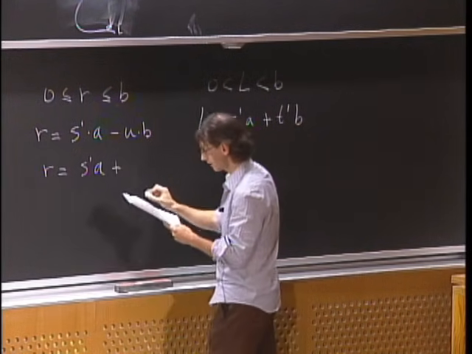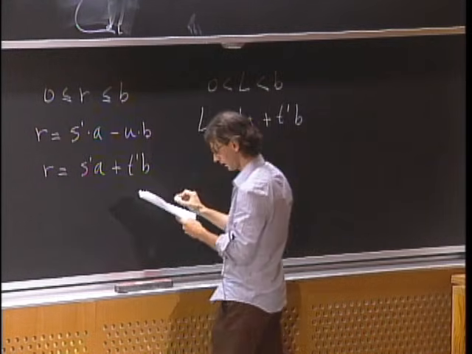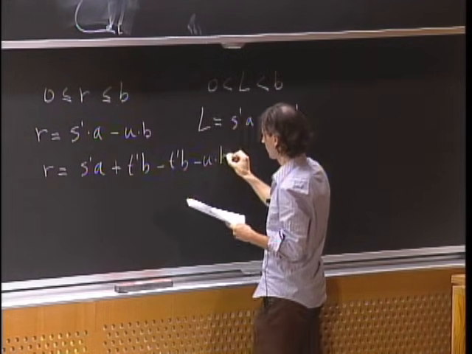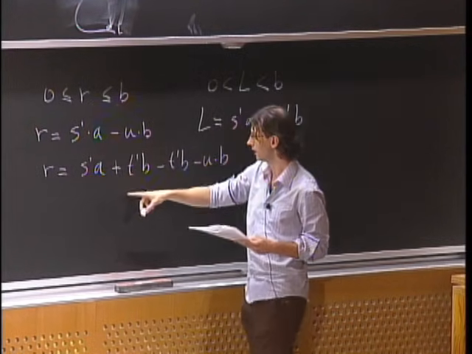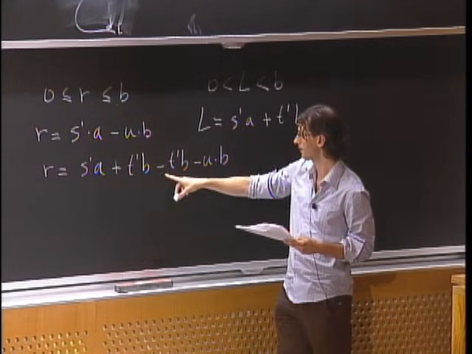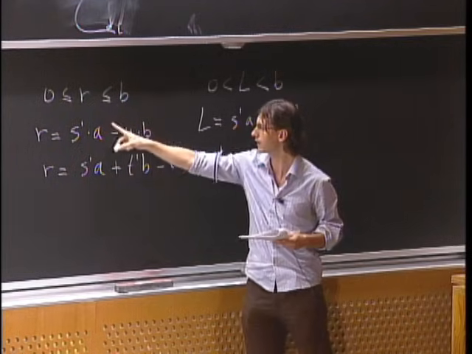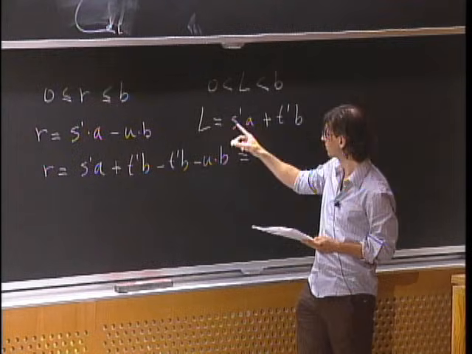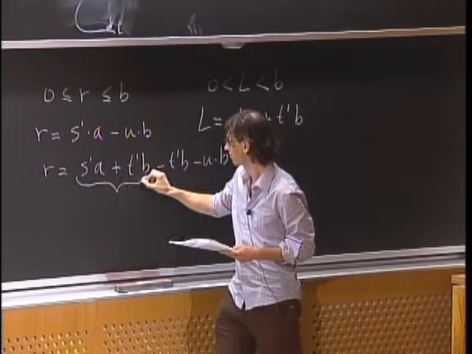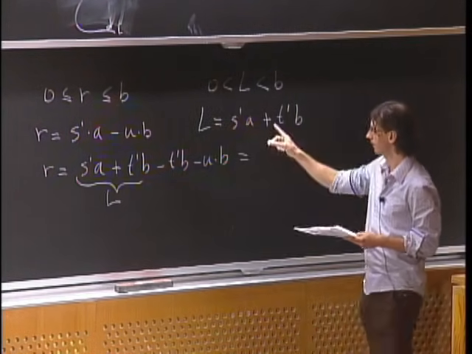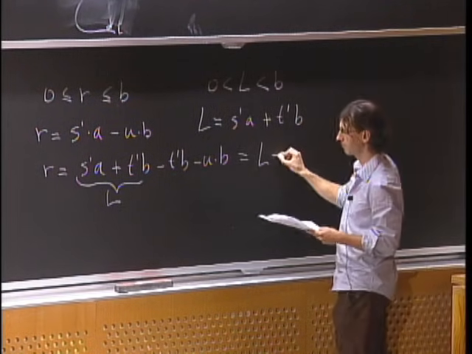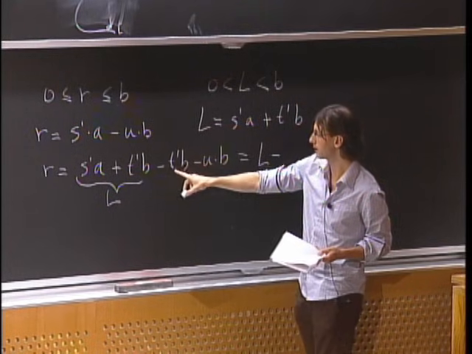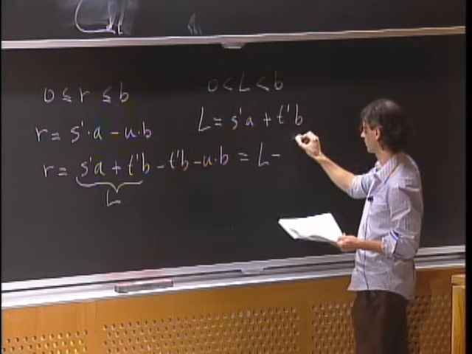I'm going to add T prime times B, and I'm going to subtract it again. So I have S prime times A plus T prime times B. I subtract it again, and I still have this amount left over here. So what is this equal to? Well, this part is equal to L. So this is equal to L minus, and I have a multiple of B, which is T prime plus U times B.